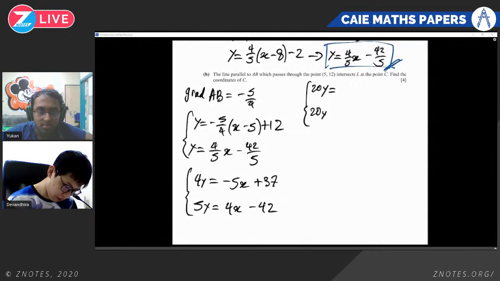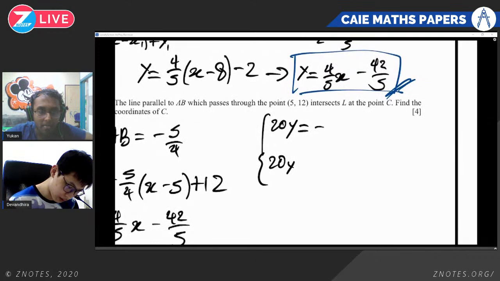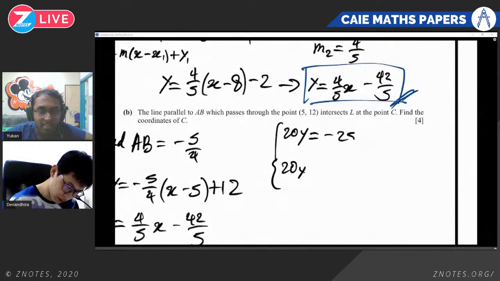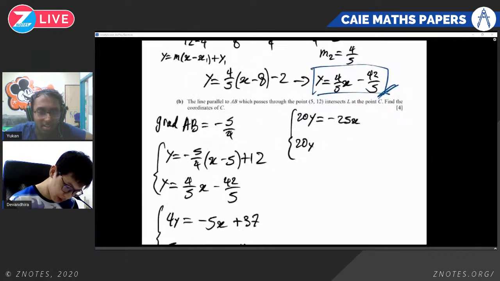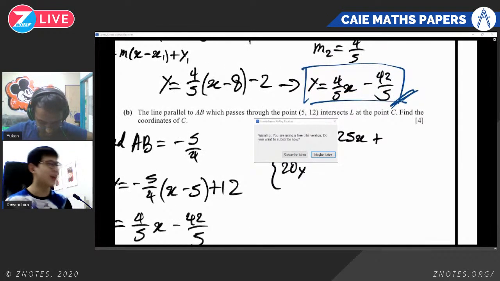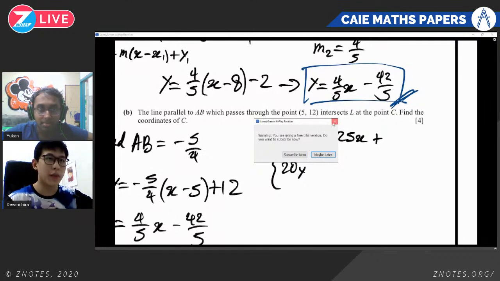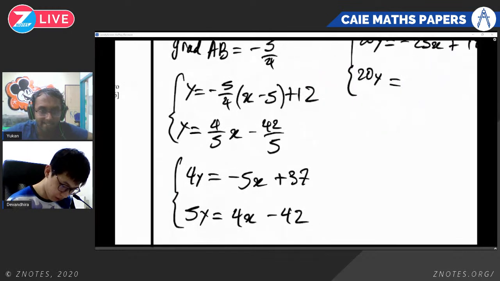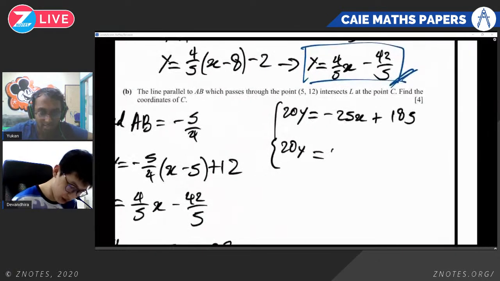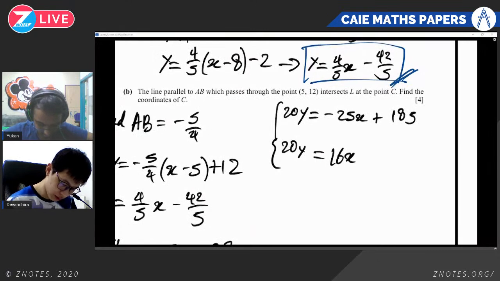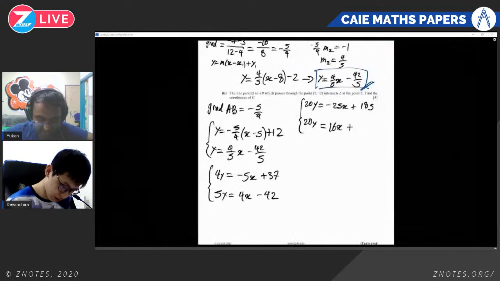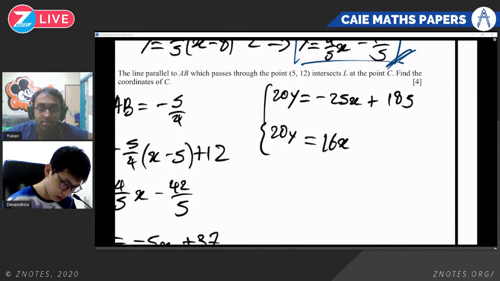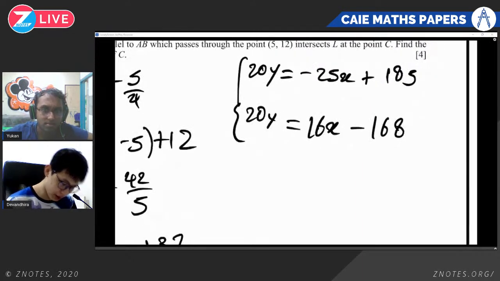That means we have negative 25x, the first one is by 5. 37 times 5 is 185. What about the second one? 4 times 4 is 16. Then 42 times 4 is 168. Then we can just equate them together, right?